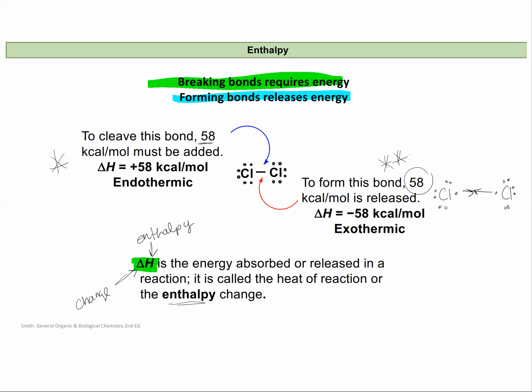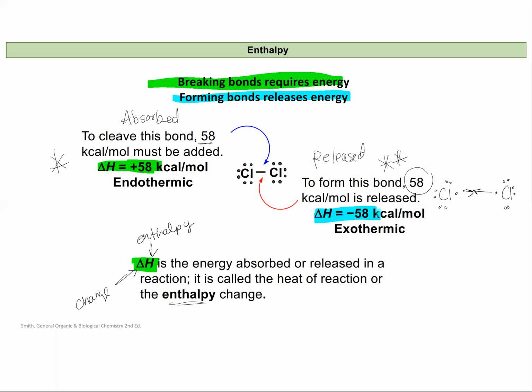So when we have energy absorbed, our enthalpy change is going to be positive. It's going to require that we put energy in. And when it's released, when we form this bond, then our enthalpy is going to be negative because it's going to lose that heat out into its surroundings.